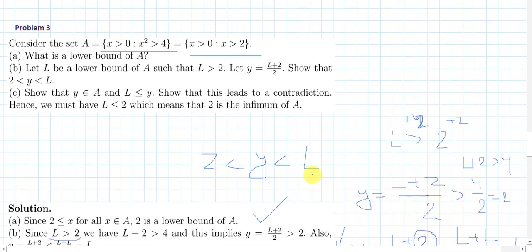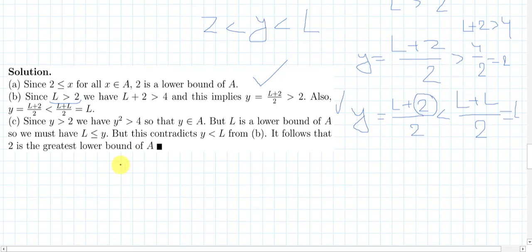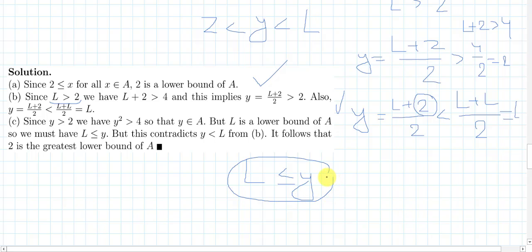And now the third condition is to show that Y from A and L less than or equal to Y leads to a contradiction. Since Y is greater than 2, we have Y squared greater than 4, so that Y belongs to A. But L is a lower bound of A, so we must have L less than or equal to Y, because this is a lower bound.